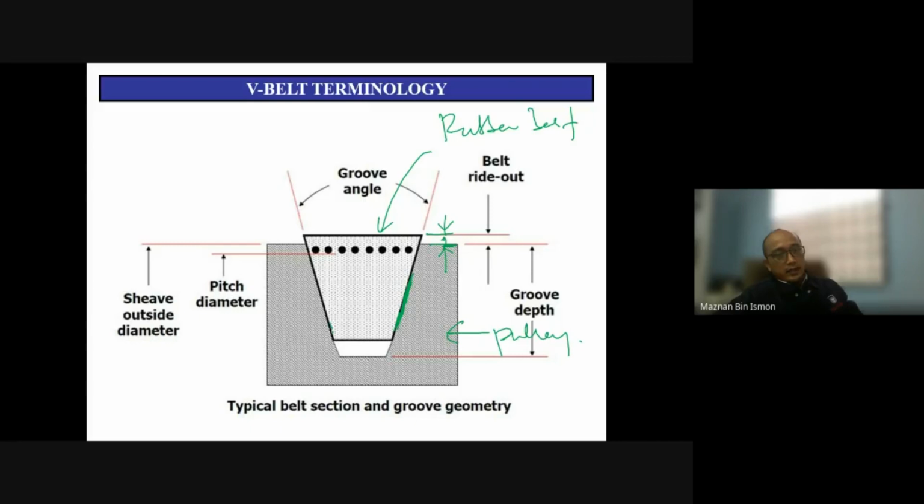So the belt will sink down, it will go into the groove, and then it will become flat on top. If it is too worn off, very badly worn, you will see the belt has sunk, fully submerged into the groove. When this condition happens, it means this is no good lah. Your pulley has worn, your belt has also worn. So the ideal condition is for the belt to sit with a bit of gap on top. Okay.